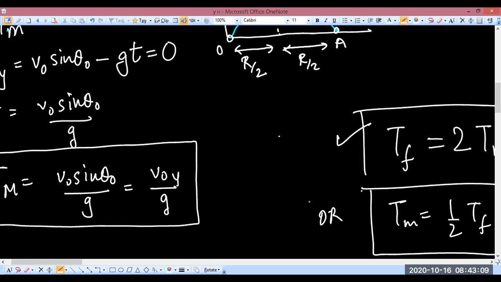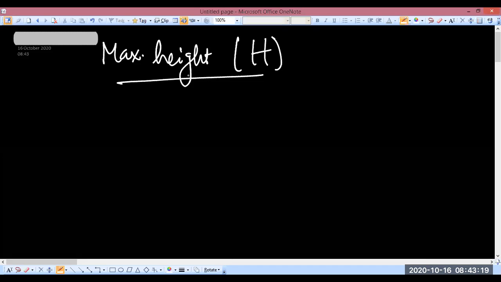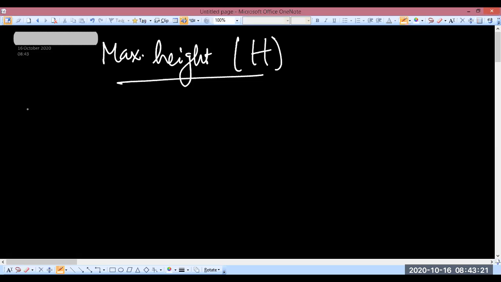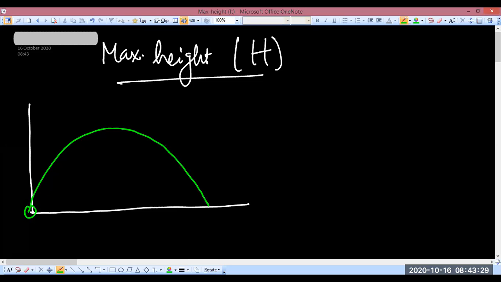Next, maximum height. Maximum height, h, capital H. Okay, do not write small h, it can cause confusion. So let's say once again that you're throwing something from this ground, it goes off like this, reaches this point A. But that's not what we are here for.